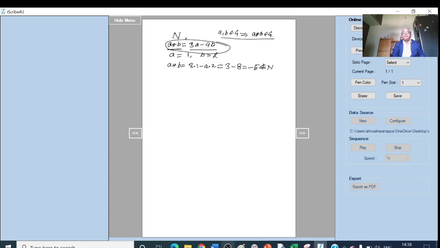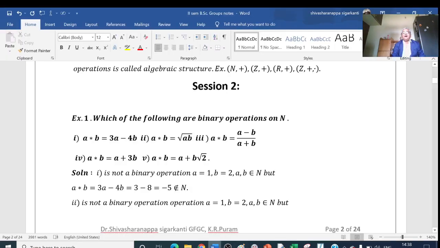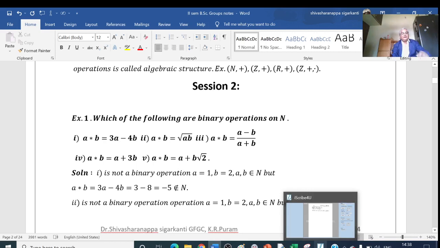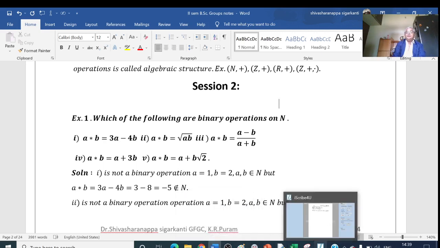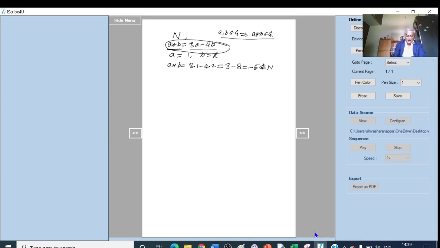What is the second example? Second example is A star B equal to root of AB.